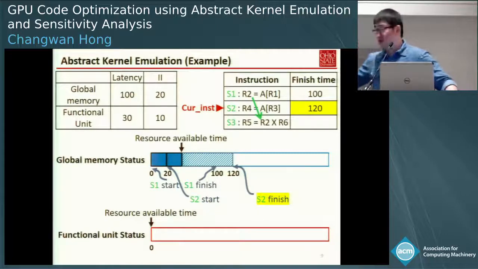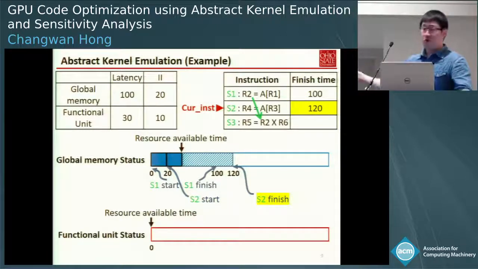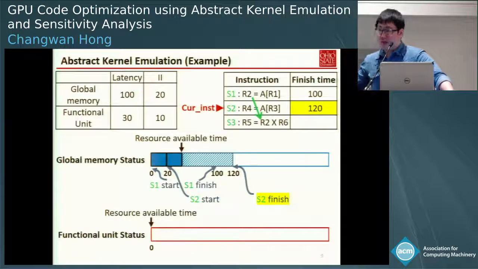So I think this strategy can be applied to CPU architectures. But in CPUs, prefetching can significantly affect performance, whereas in GPUs, prefetching does not exist. So I think we need some modifications to apply this model to CPUs.